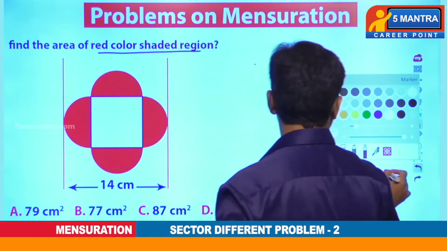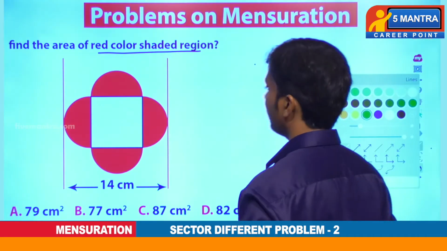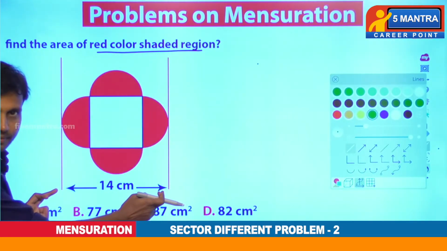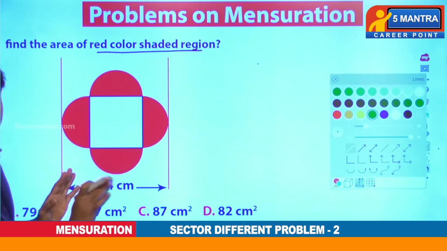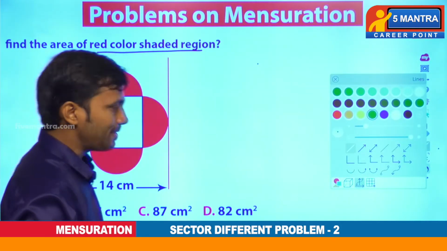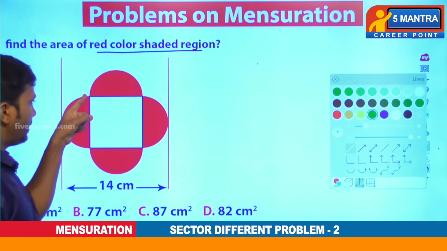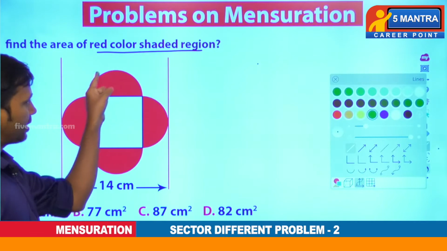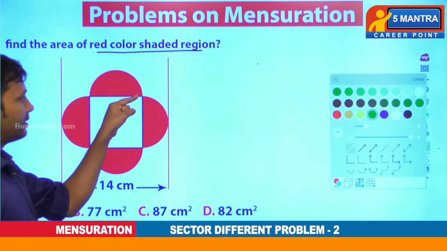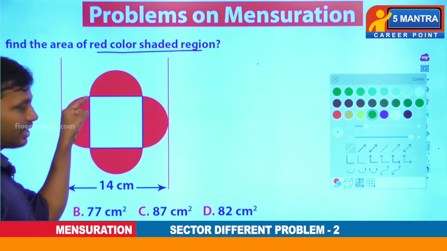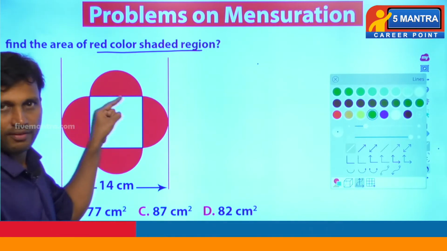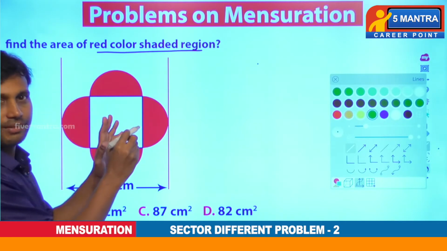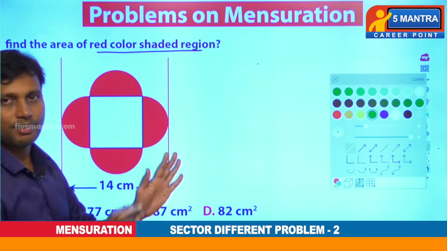See here, just see this guys, what is this total length? Actually what we need to find, let us see. Here this is a square and this is a semicircle, and the diameter of the semicircle is the side of the square itself. So the side of the square and the diameter of the semicircle are the same or not?